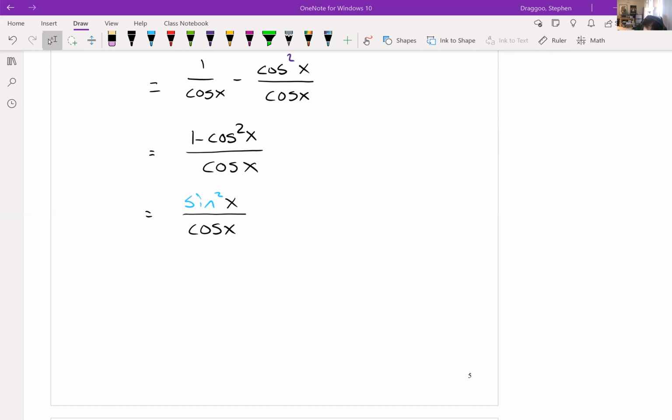So I'm going to split this thing up into sine x times sine x over cosine x, which sine over cosine simplifies to tangent x, and sine is the reciprocal of cosecant, so that's 1 over cosecant x.